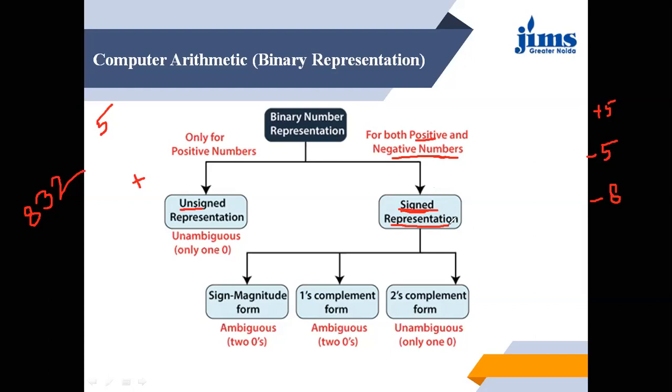When we discuss representing a negative number, it can be represented in three forms. First is sign magnitude form, second is ones complement form, and third is two's complement form.